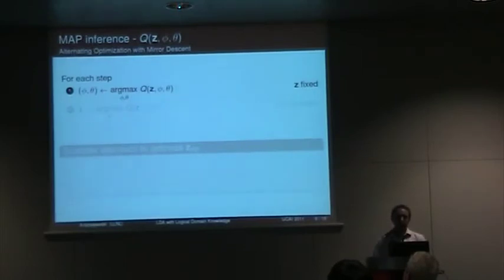So the task in topic modeling is usually to infer the learned topics, the latent topic assignments Z, the learned topics phi, which are the multinomials over words, and the document topic distributions theta. And the algorithm we propose for doing this is alternating optimization with mirror descent, where it's basically going to be this iterative procedure where first we're going to learn the topics phi and theta, holding Z fixed, which is pretty easy to do.